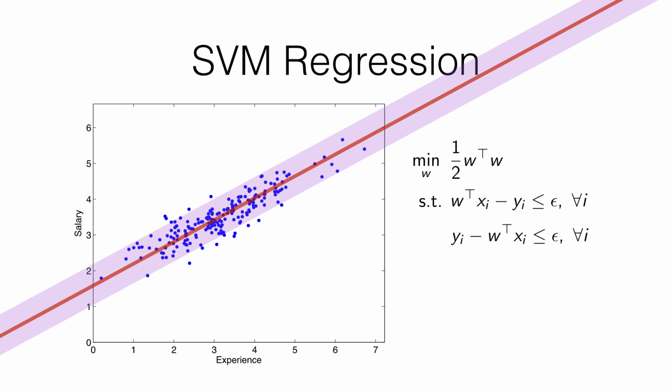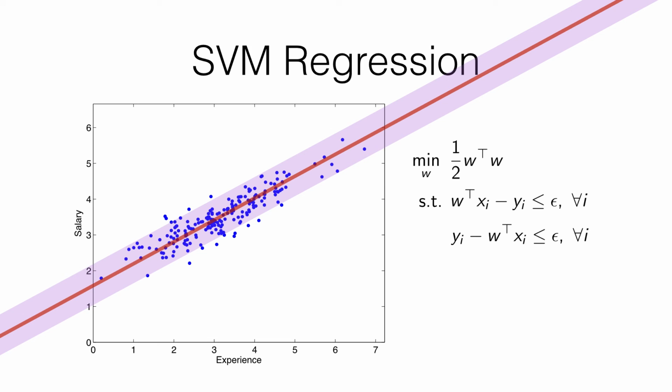One of them is that you can think of this as a reverse SVM. Remember, in the SVM for classification, our goal was to make sure all the points were outside of the margin. We wanted to classify every single point by some margin so that no points were within that neutral zone. Now instead what we want is to stick all the points into that neutral zone.